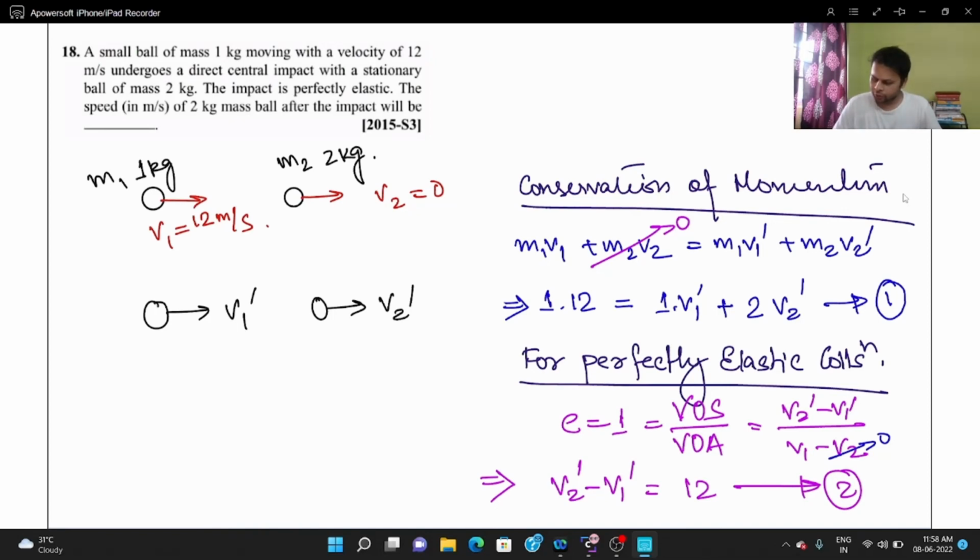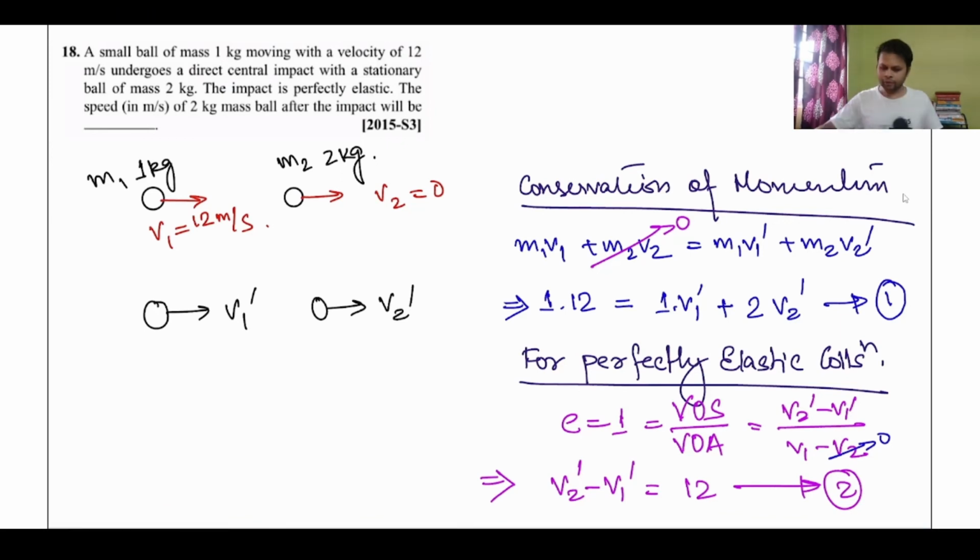So I'll simply add equation 1 and 2. 12 plus 12 is 24, equal to 3 v2 dash. This implies v2 dash is equal to 24 by 3, that is 8 meter per second.